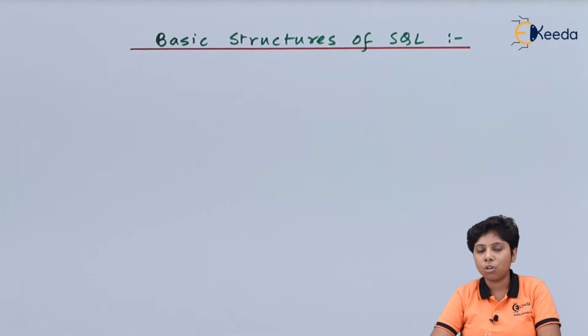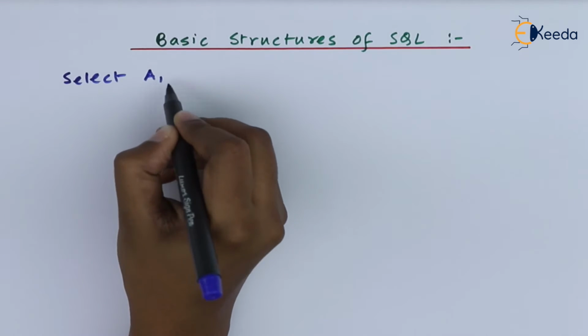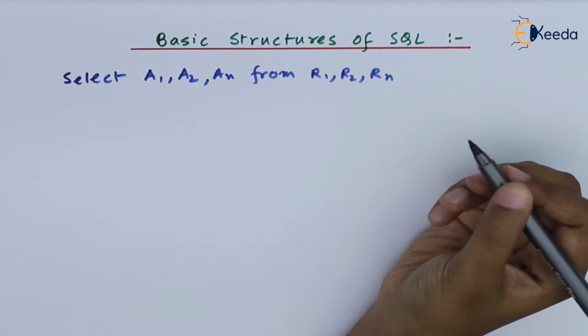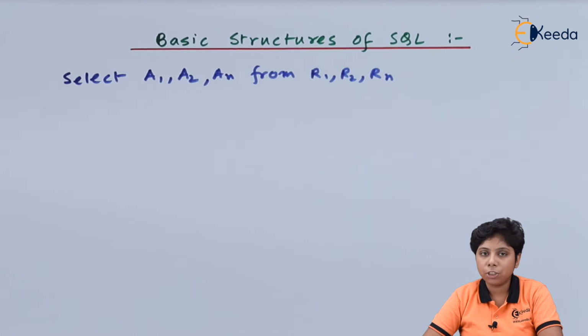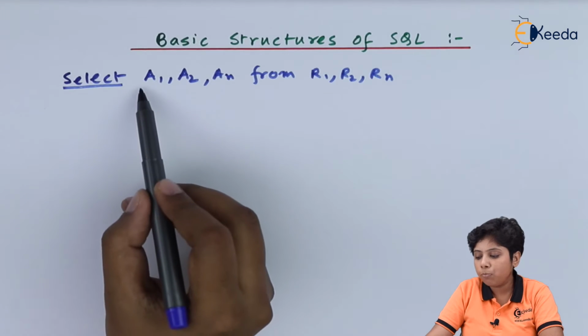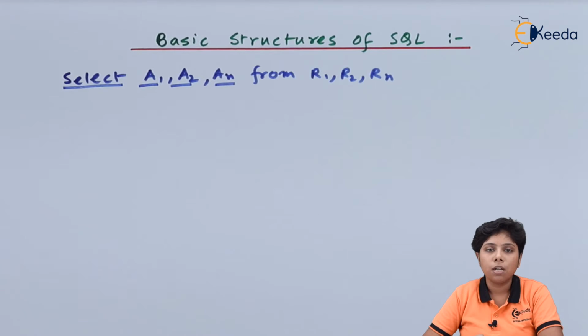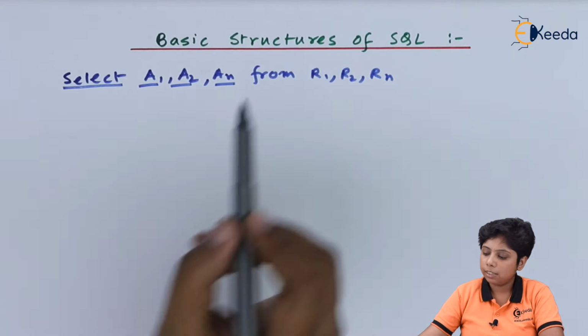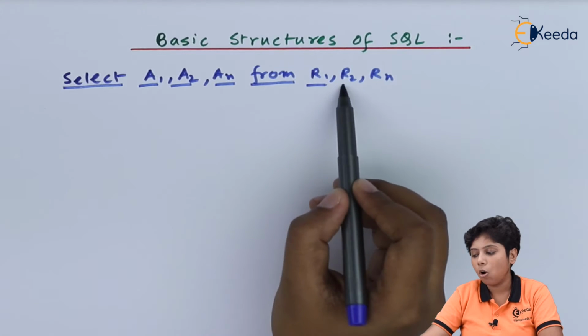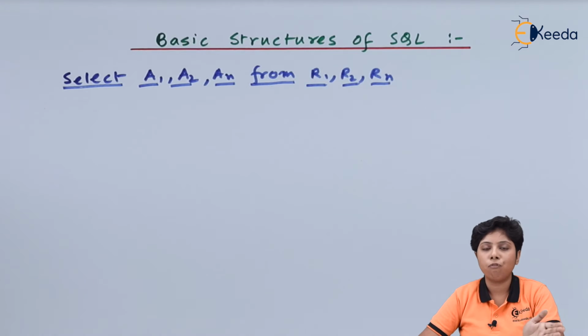So the basic structure of an SQL query using the select clause looks like this: we write the word select and then the attribute names specified in a relation. Then we put the word from, and then the relation from which we want to fetch the attribute names.